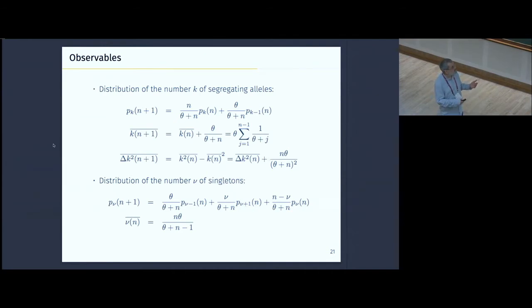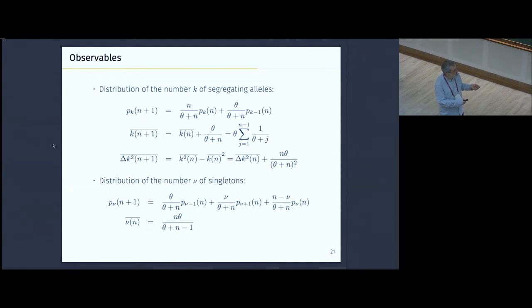Here it increases by 1, so before it was K minus 1, now it's K. And here it remains constant, and this is what you get. You can solve this equation and get the average number of segregating alleles, which also satisfies an iteration like that, and this is the solution.